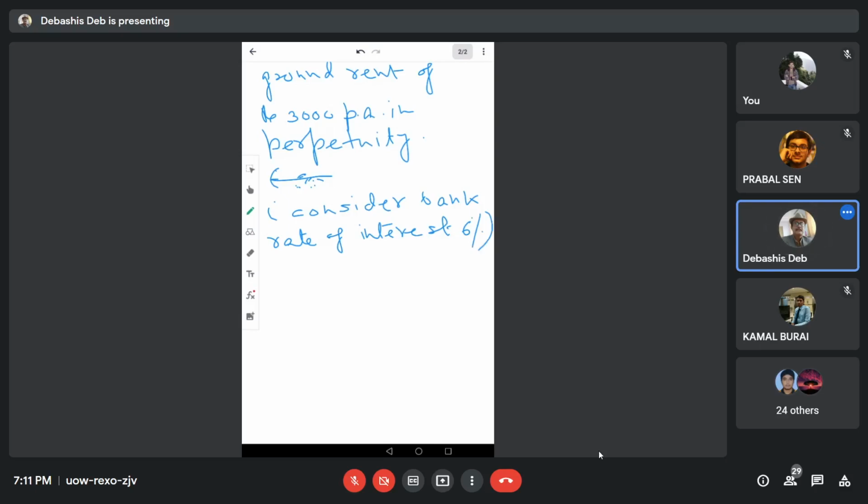This is the problem. Again, I repeat, please go through the problem. What is the value of a plot of land which has been leased out on a ground rent of rupees 5,000 per annum? That means the leaser is leasing the land for a period of 19 years unexpired.